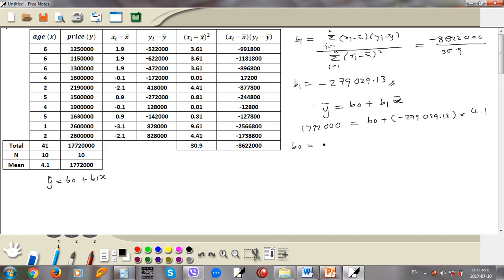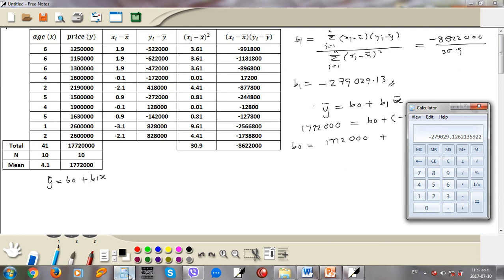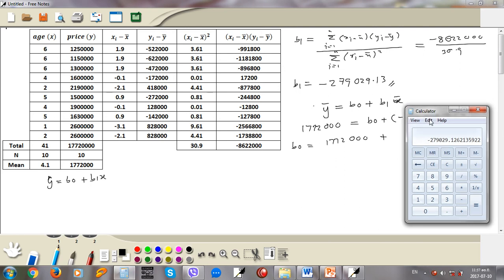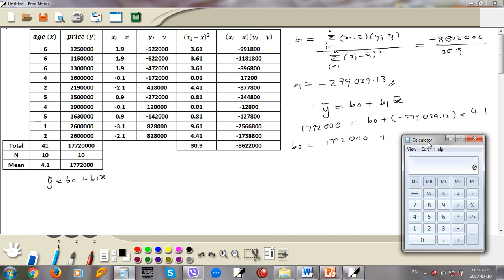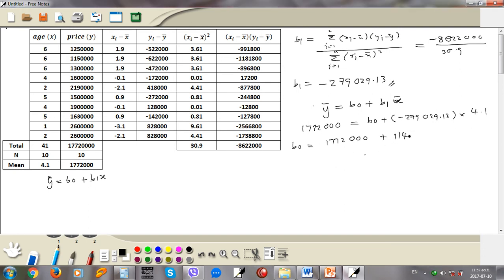So B0 equals 1,072,000 plus this value, 279,029.13 multiplied by 4.1, which comes to 1,144,019.43, right?